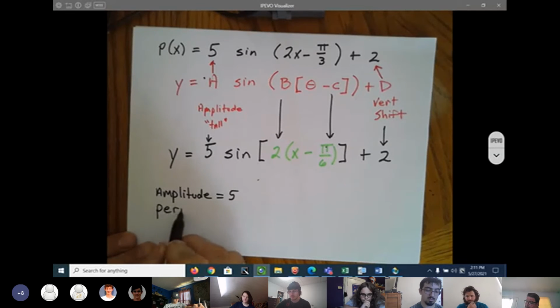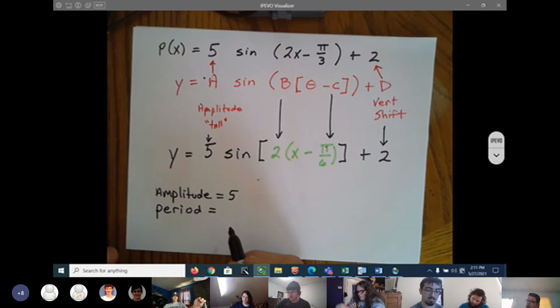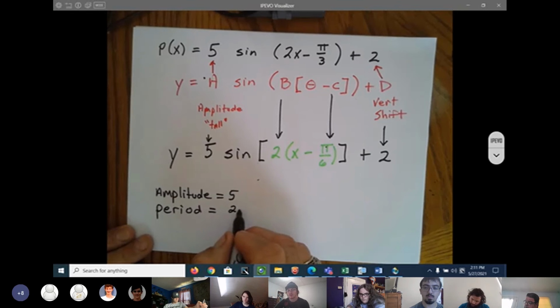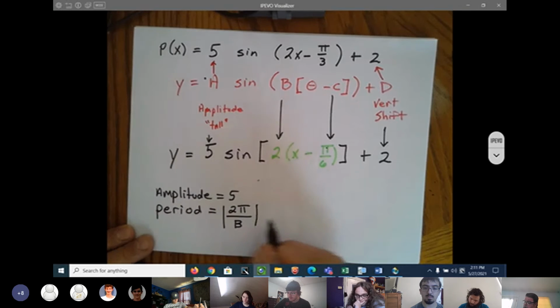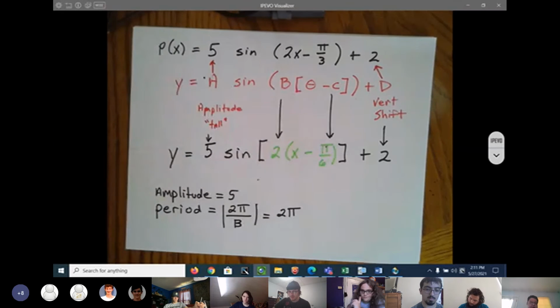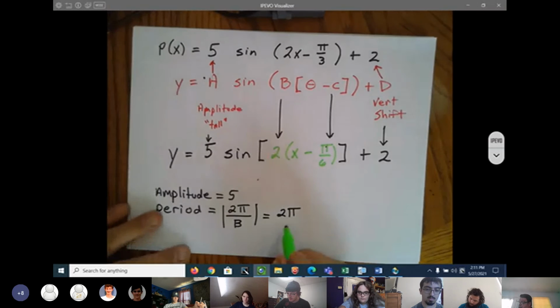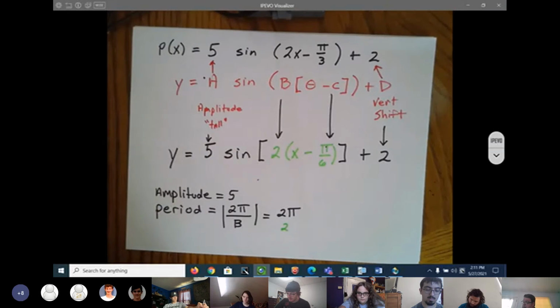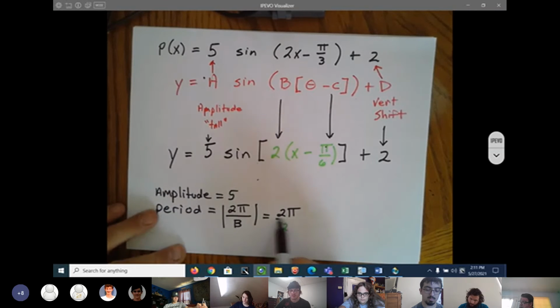Period is equal to 2 pi over B, which is equal to 2 pi over 2, which is equal to pi.